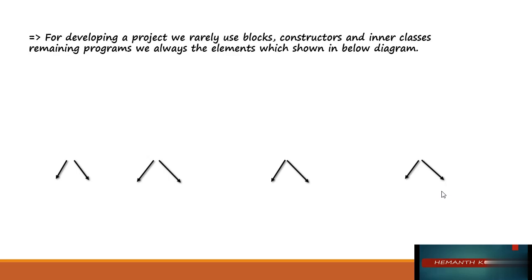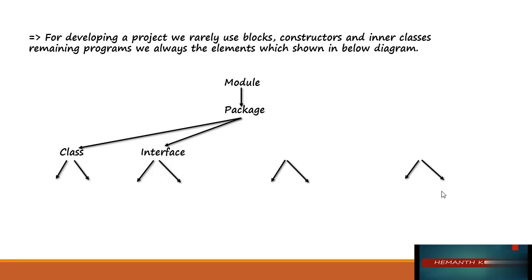For developing a project, we rarely use blocks, constructors and inner classes. For the remaining programs, we always use the elements shown in the diagram below. A module consists of packages, and in a package we will have multiple classes, multiple interfaces, multiple enums, and multiple annotations.